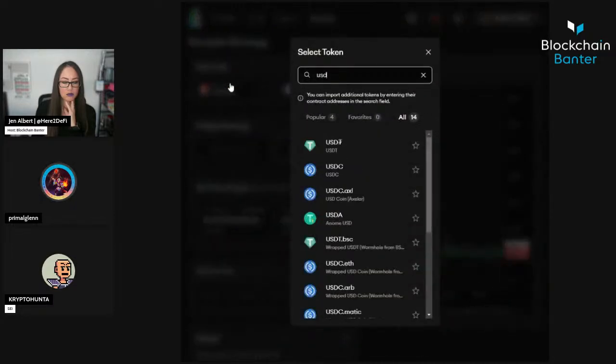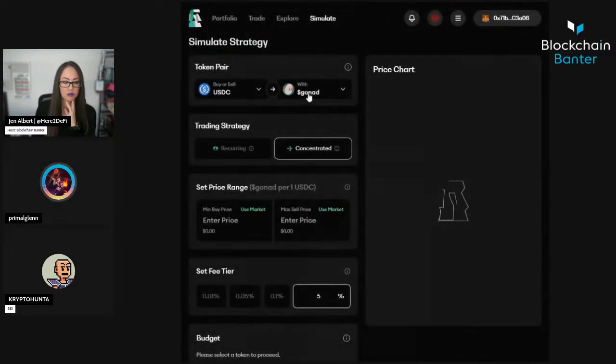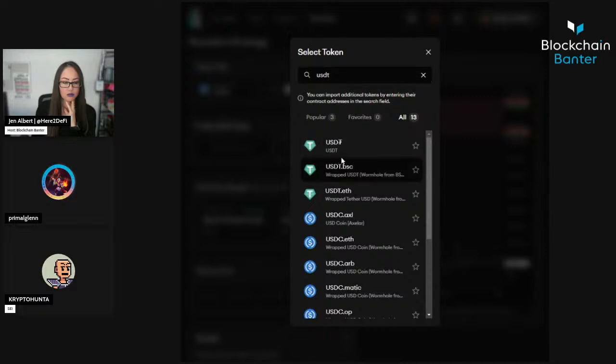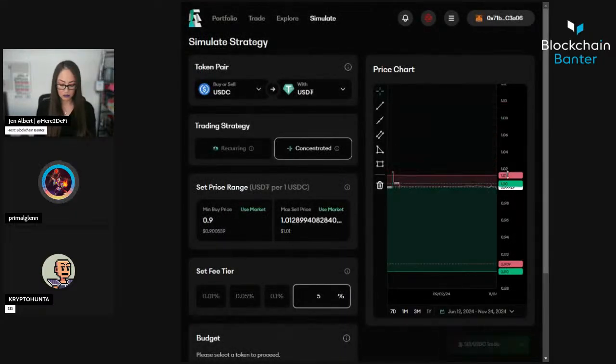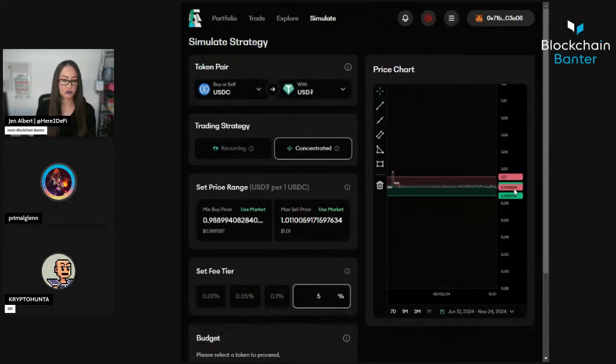If you look at the USDC against USDT price chart, it's little to none. There's very little volatility, so having a 5% spread does not make sense.